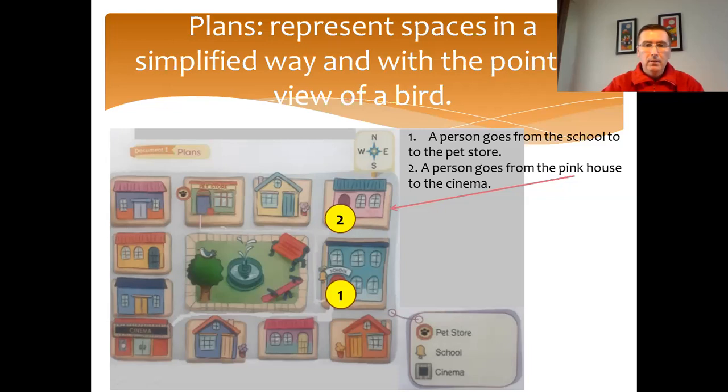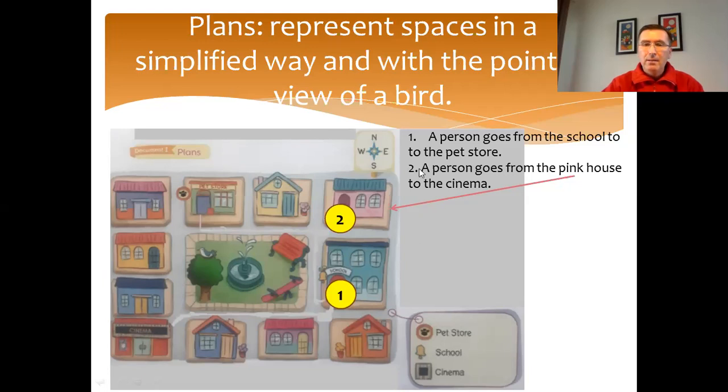So first, you have to walk straight to the north. You stop, now you turn left, then you walk straight to the west, and then you stop, and you will see the pet store.